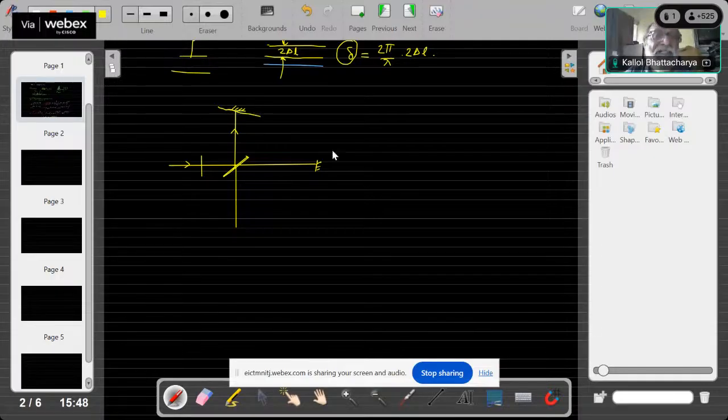If we have inclined this mirror, then the wavefront that comes back will not follow this path, but will be slightly deviated. Maybe it will come back like this. So its wavefront will also be slightly tilted.